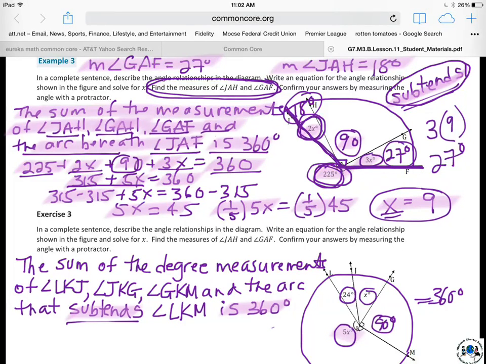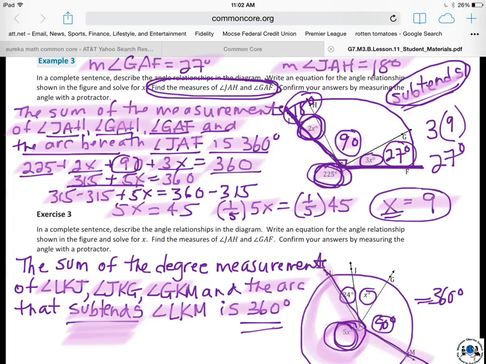Okay, so here we go, the sum for exercise 3: the sum of the degree measurements of angle LKJ, angle JKG, angle GKM, and the arc that subtends angle LKM, which is that angle right here, equals 360.